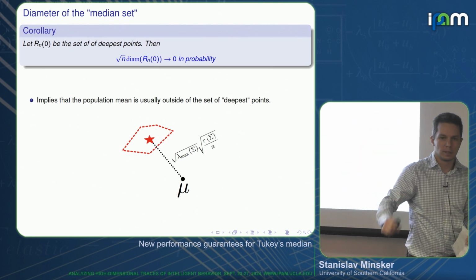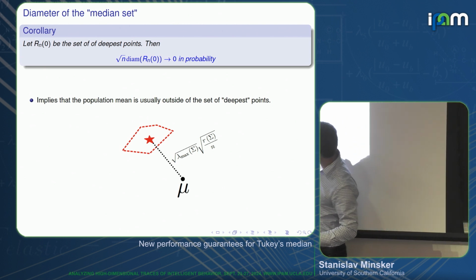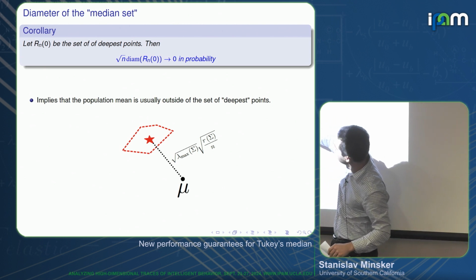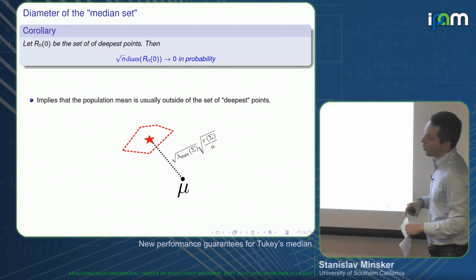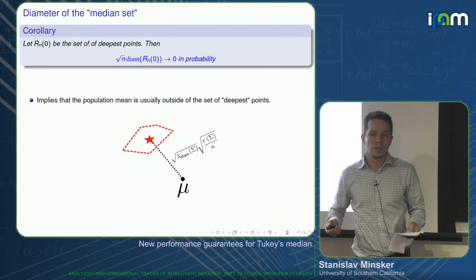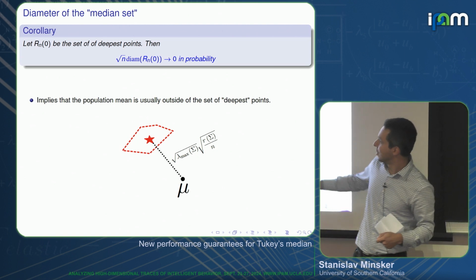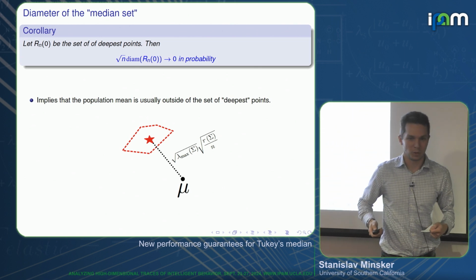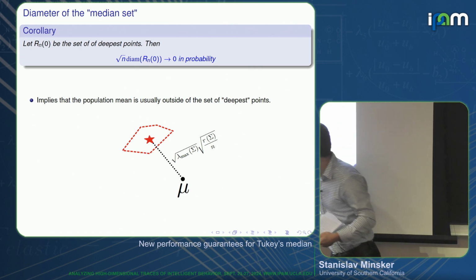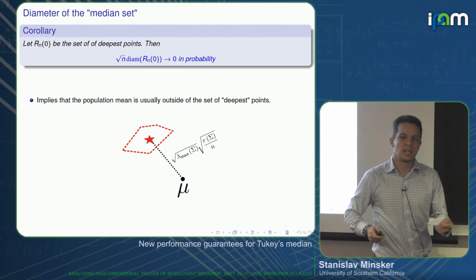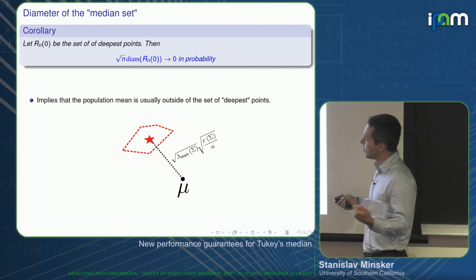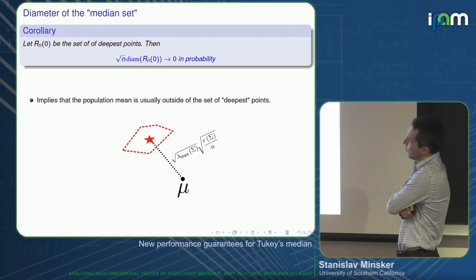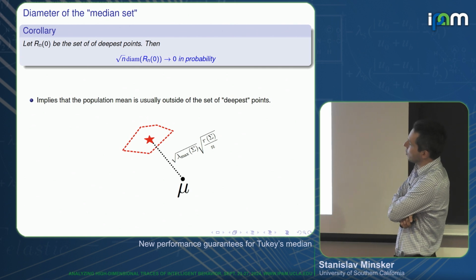It's a small set around Tukey's median, and its diameter is much smaller than this distance. In particular, the population mean mu is almost never in the set of deepest points. Its depth could be very large, but it is never the deepest point, which is perhaps a curious remark to make.